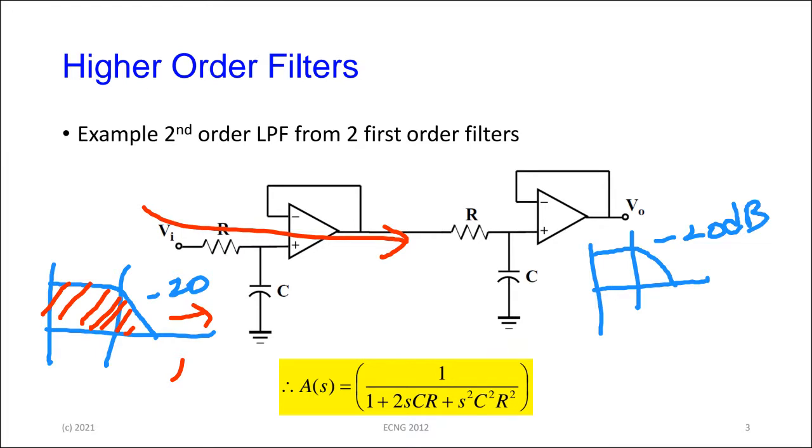You pass it through the second op-amp, and it's going to impose another 20 dB cutoff on top of that. It's going to take the same passband, hopefully, and pass it, but impose yet another 20 dB on top of this. So hopefully now we're going to get what we expect, which is a minus 40 dB per decade roll-off.